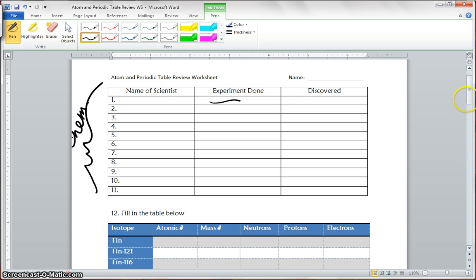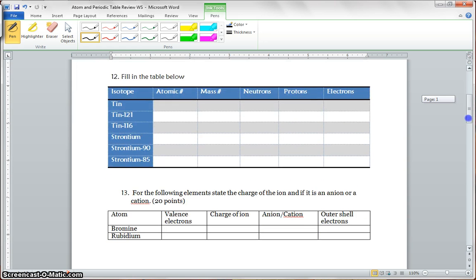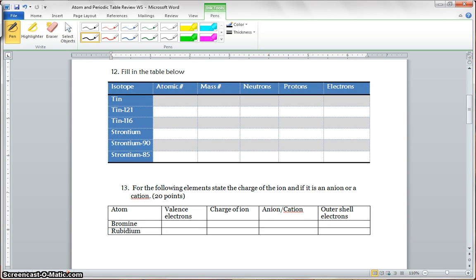Okay. So the next thing that we're going to talk about is going to be the isotope and calculating atomic numbers from the periodic table. So tin, also known as Sb, the atomic number is going to be 50.